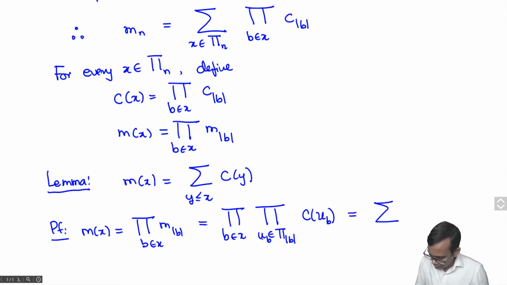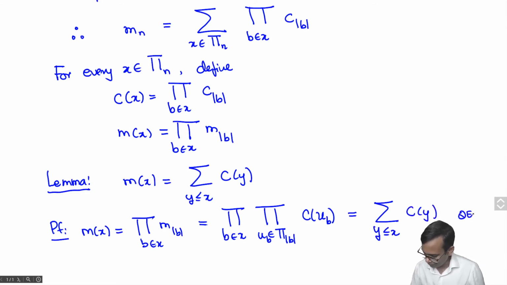If you look at this U_B, this is a set partition of the block B. So if you put together the blocks of U_B across all the blocks of X, then you will get a set partition which is a refinement of X. So I'll get the sum over Y less than or equal to X of C(Y). And that proves the lemma.